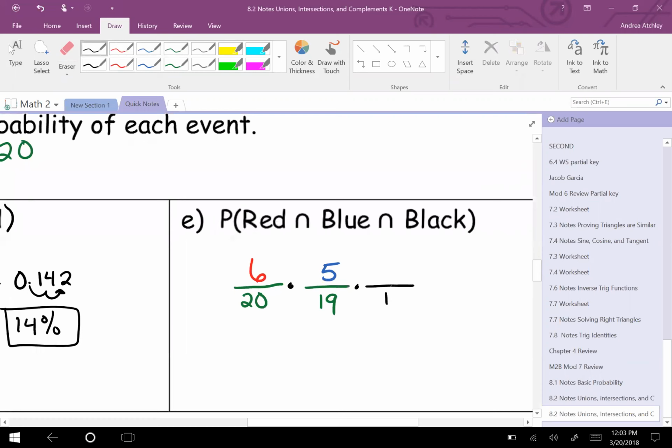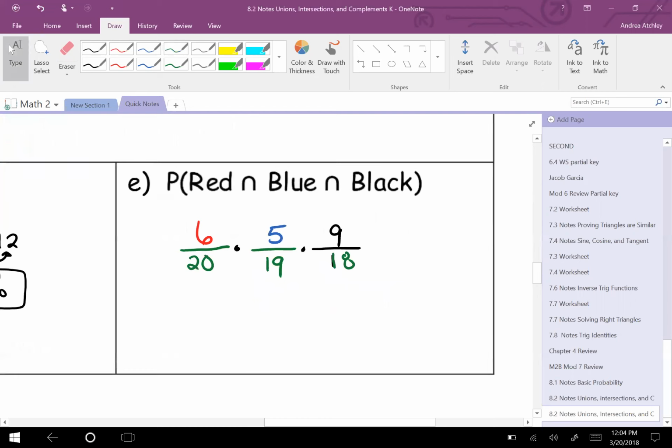I only have 18 left in my bag. Okay, and I'm pulling a black, and there's 9 black left. Okay, I multiply it all together and divide, and I should have gotten 0.039. I move my decimal over twice and get 4%. About 4%. Any questions over that? We're all good?